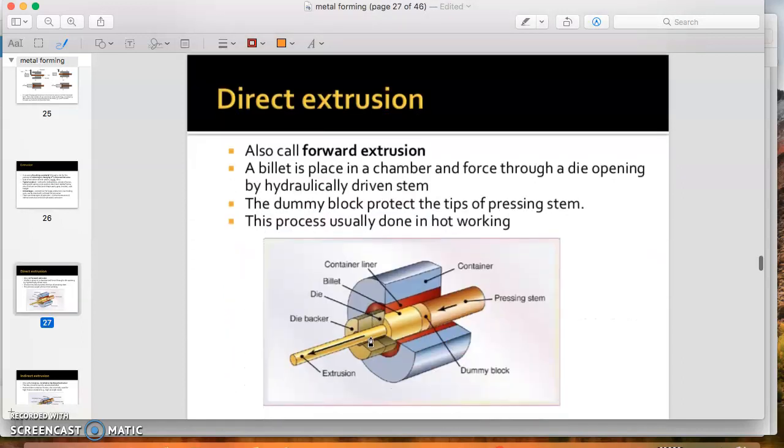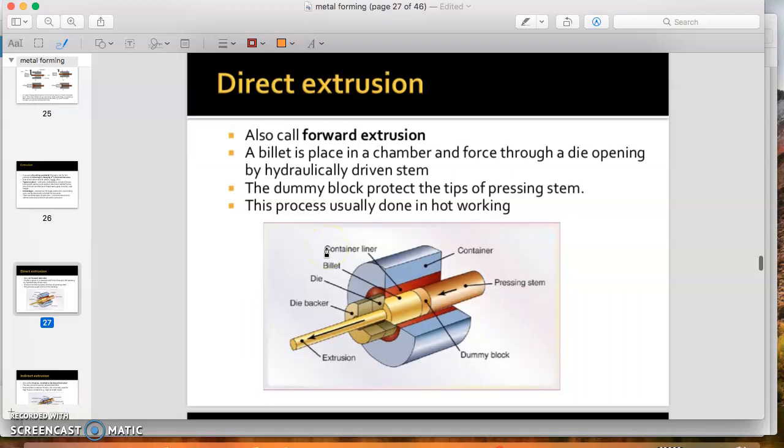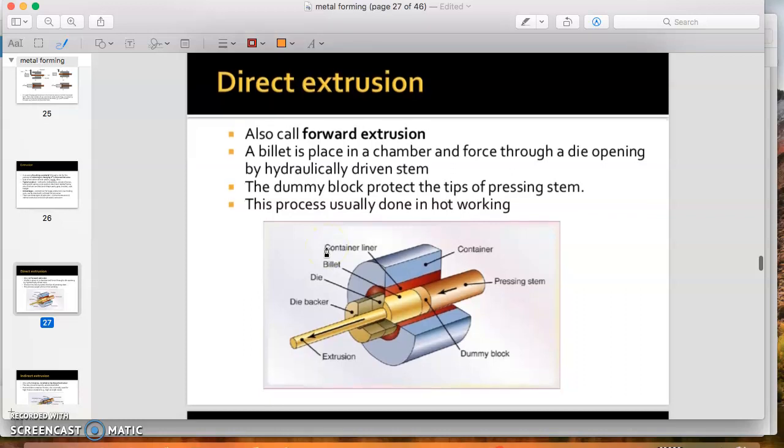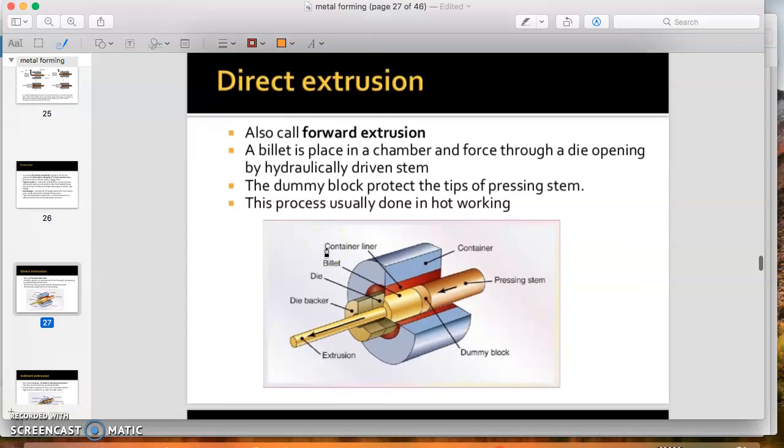Okay, we go through direct extrusion. Like we discussed before, there are 4 types of extrusion process: direct, indirect, hydrostatic extrusion, and impact extrusion. Direct extrusion is usually also known as forward extrusion, meaning that the raw material is pushed forward through the die.